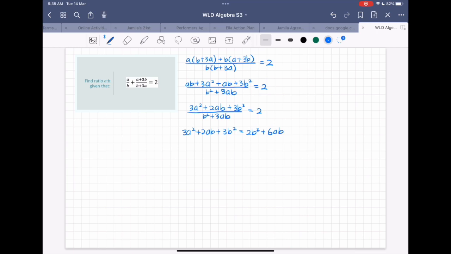And then we can move everything to the left to obtain a simple quadratic equation. And so now we can factorize to find a and b.